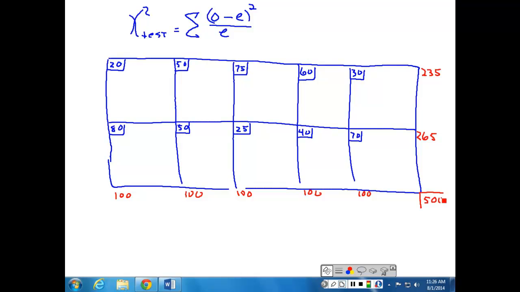I'm just adding up. 20 plus 80 is 100 and so on. And I'm going across in the rows. 20 plus 50 plus 75 plus 60 plus 30. There are two ways you can get the expected values. I'm going to try, though it may not be like this on every one of them, to make what I would consider relatively even splits.